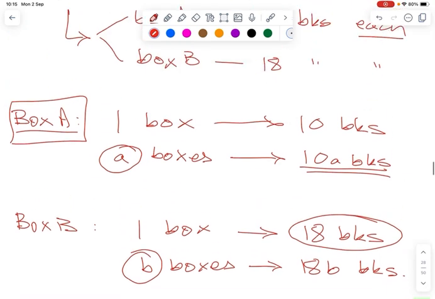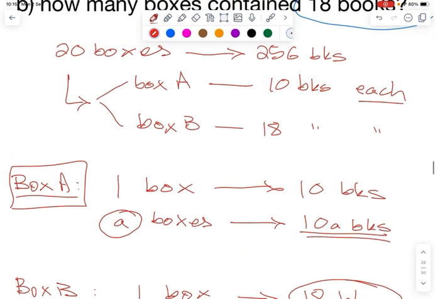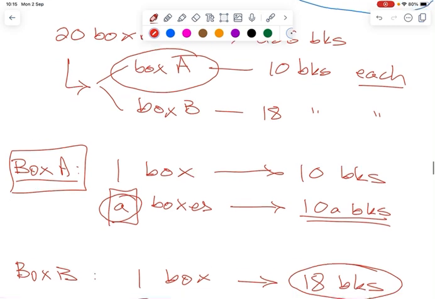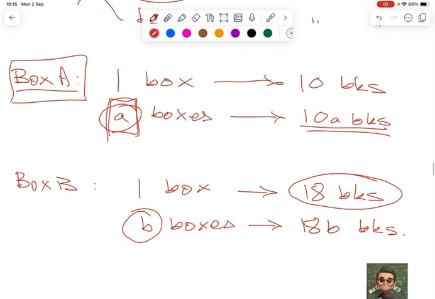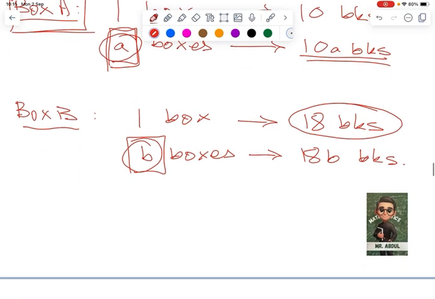Now, after all this, can we make use of them? We know there are 20 boxes, right? And how many box A? Small letter A boxes of box A, and small letter B boxes of box B, will be equal to 20. You agree? 20 boxes, right? This will be your first equation.